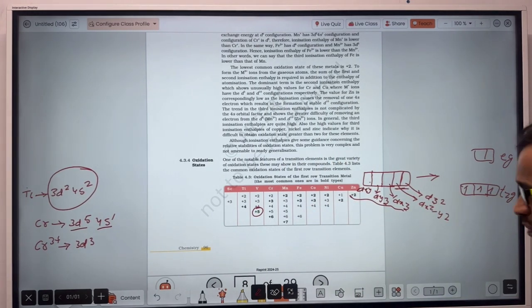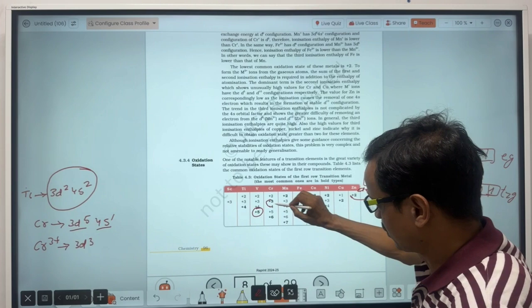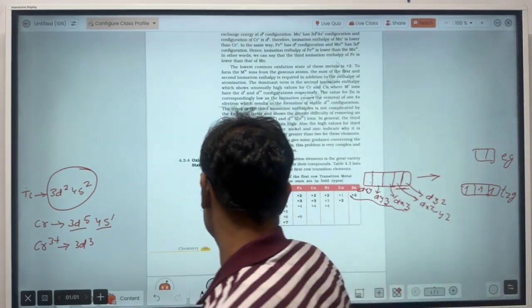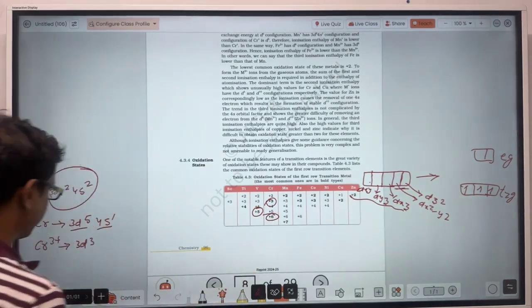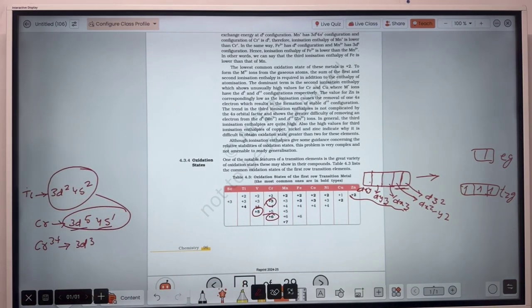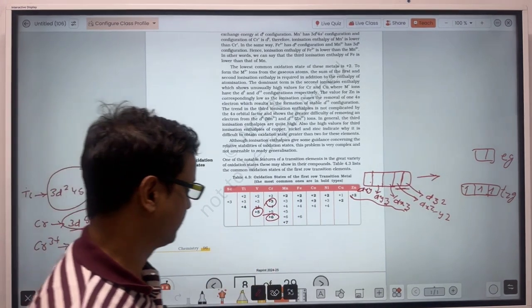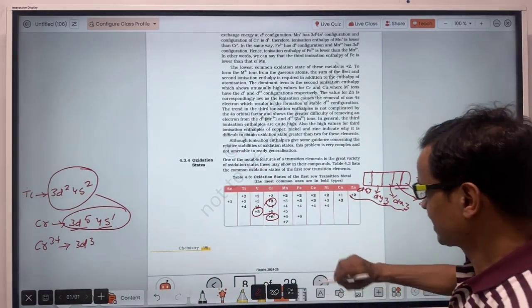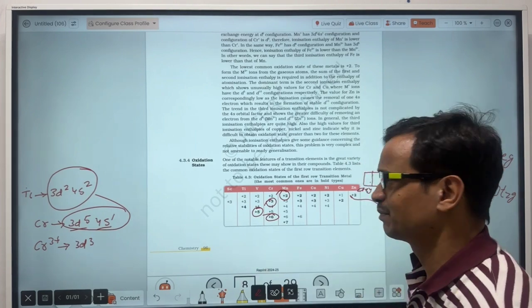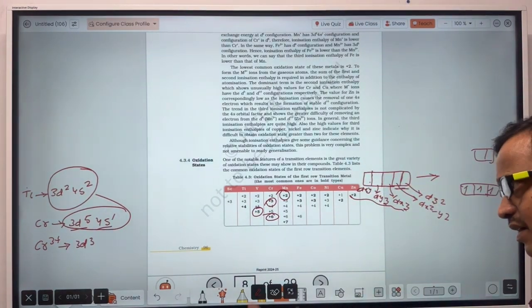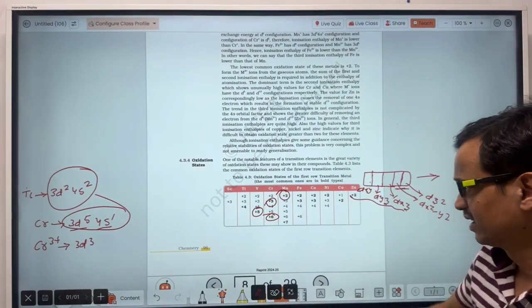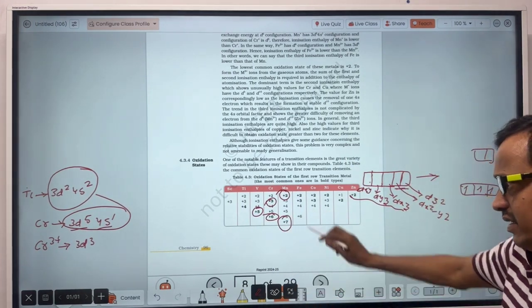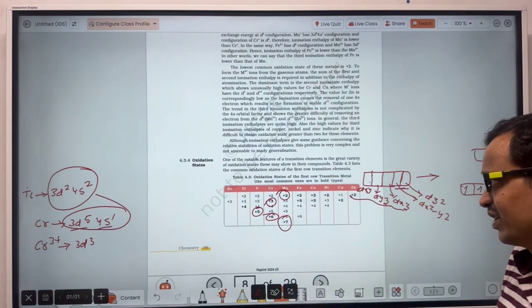That's why in +3 oxidation state chromium is stable, and +6 oxidation state is also stable, because all these electrons are lost and chromium has a noble gas electronic configuration. Same as in manganese. Manganese in +2 oxidation state is stable because its valence orbitals are half filled, and in +7 oxidation state it acquires a noble gas electronic configuration.